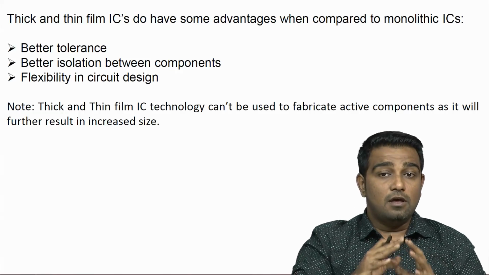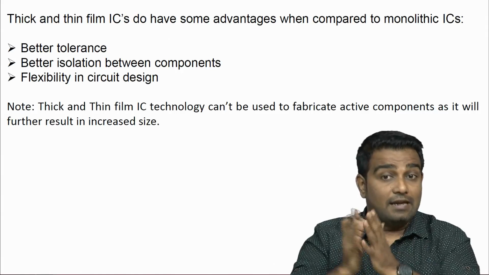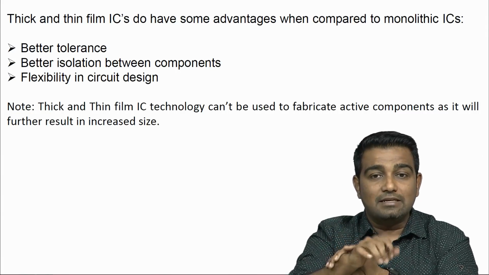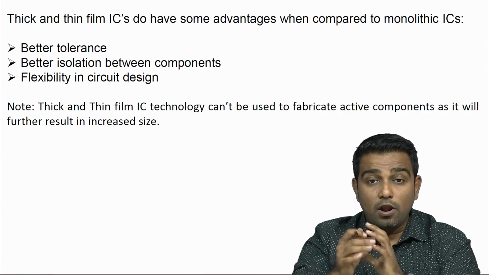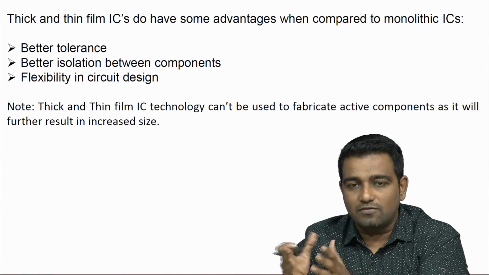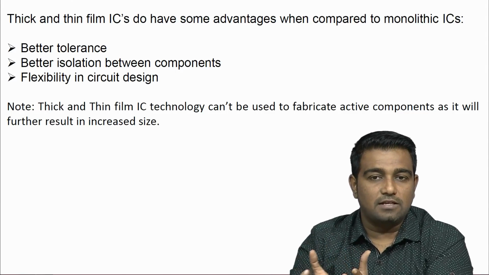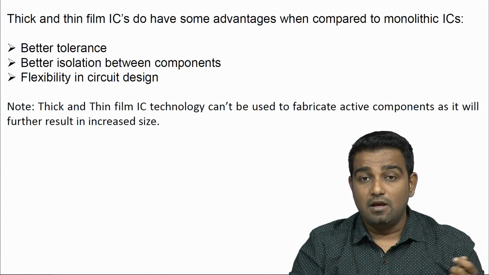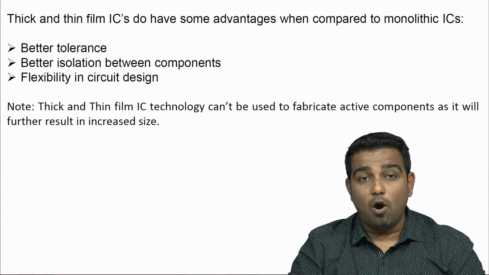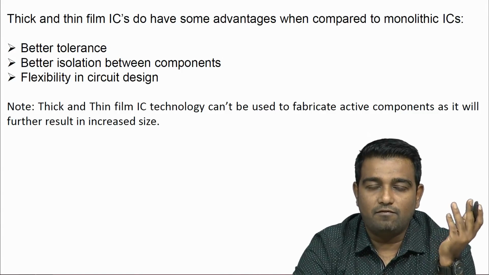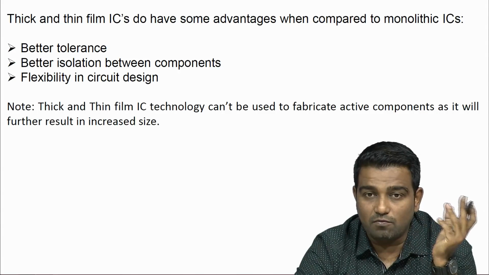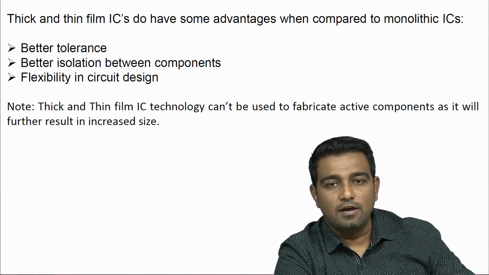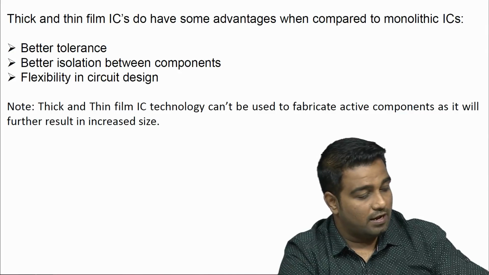So, if you have touch sensors, tactile sensors, force sensors and you want to wrap them on your skin, or you want to use those arrays of sensors as a skin, electronic skin, then it should be flexible. This flexibility can be obtained using thick and thin film IC technology, while in case of monolithic it is not possible. So, these are the advantages of thin and thick film technology over monolithic ICs.